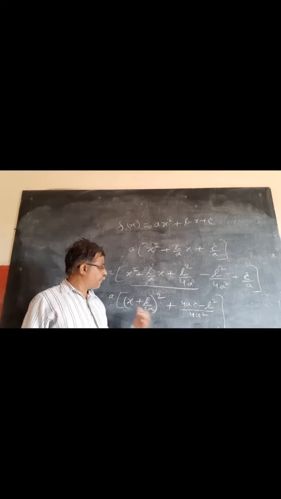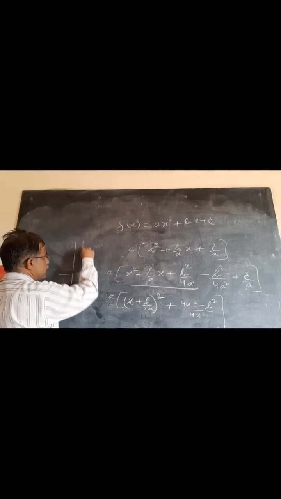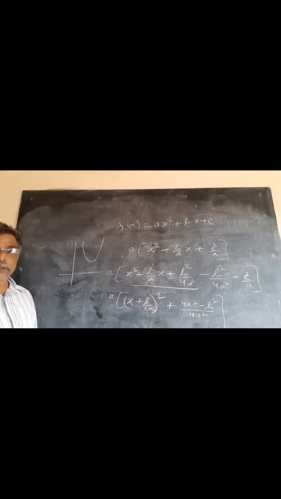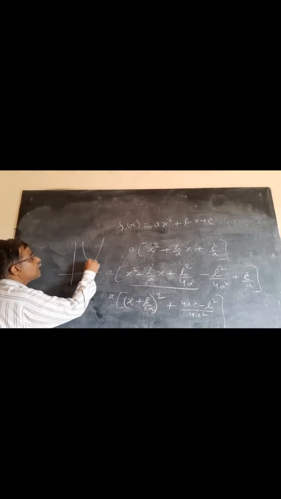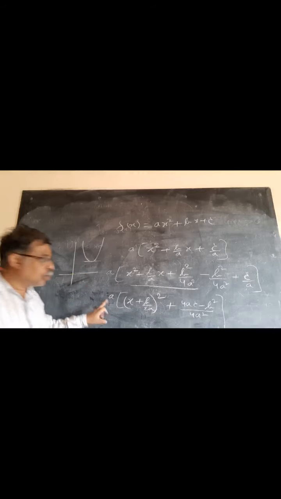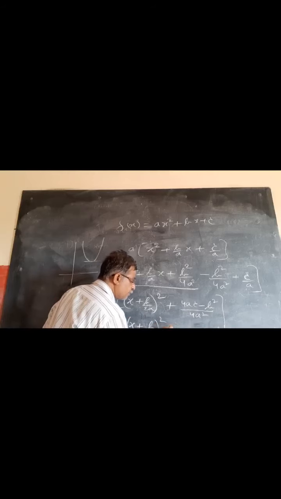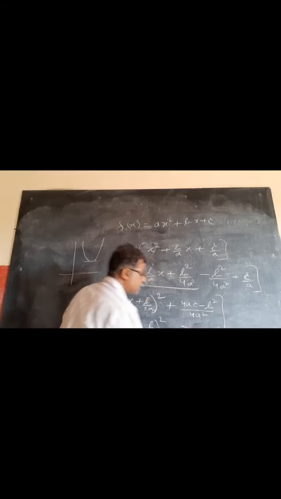If a is more than 0, how will the graph look? The graph will look like this, having only one minimum value. If a is more than 0, we know that x plus b by 2a whole square is always positive. You can understand easily.